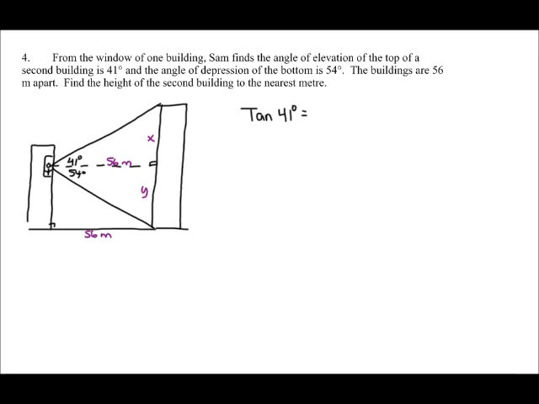Okay, tan of 41 equals opposite over adjacent. So in this case, it's going to be x over 56. So to get x by itself, what will we have to do? Because it's being divided, we're going to multiply.